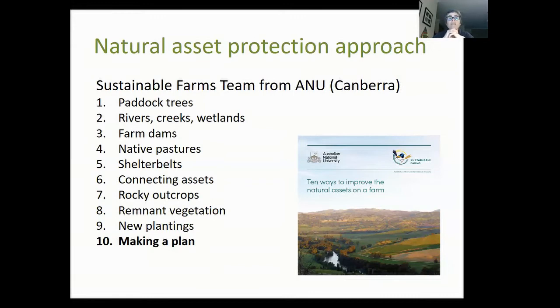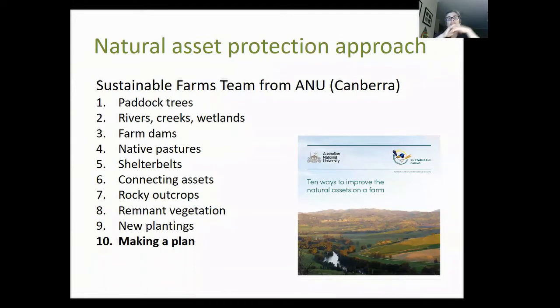And I've listed for you here all of the types of natural assets that it considers. And I think that when we're wanting to improve the assets on our property, they automatically have a flow through in terms of productivity benefits.